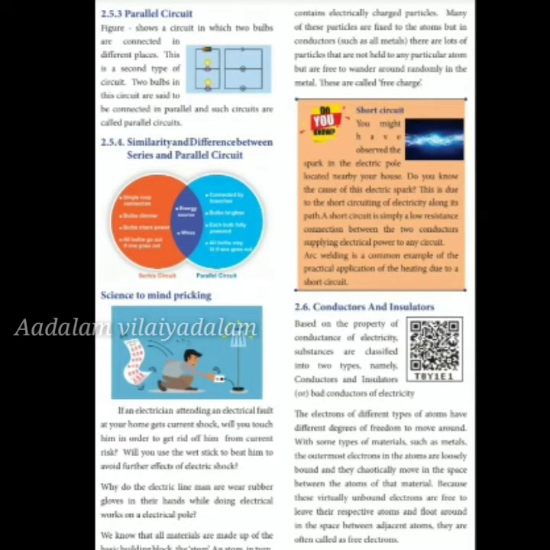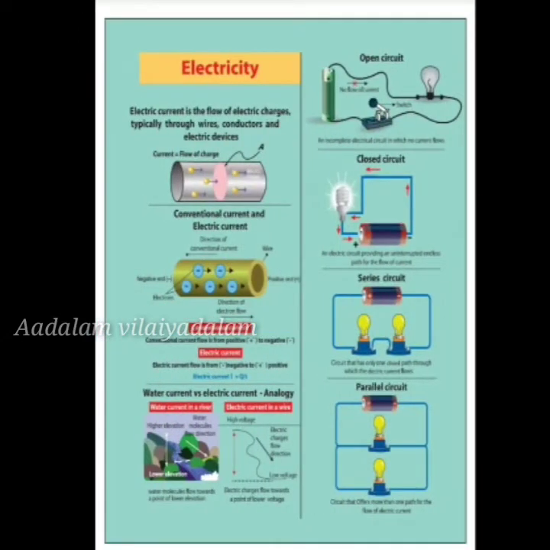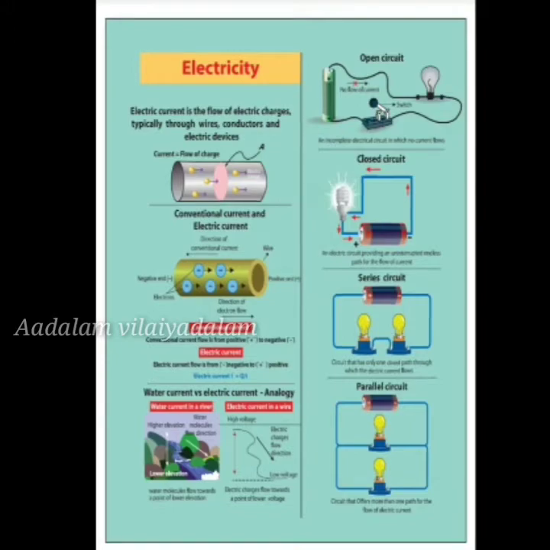Electric current: this is a recap of the topics we covered before. Electric current is the flow of electric charge, typically through wires, conductors, and electric devices. Current is equal to the flow of charge.